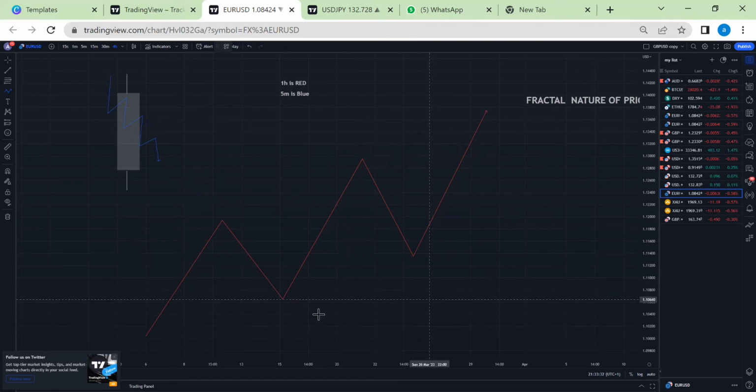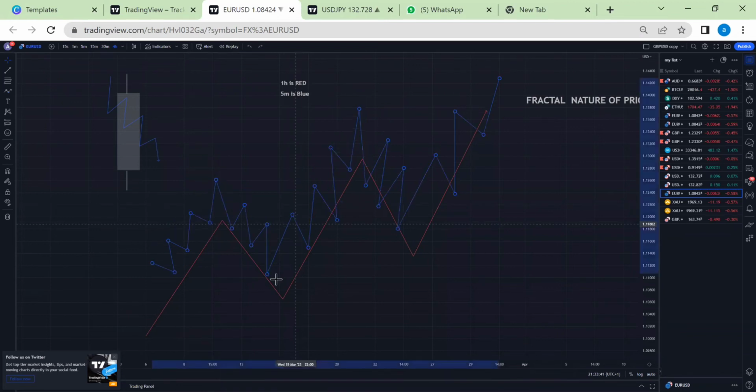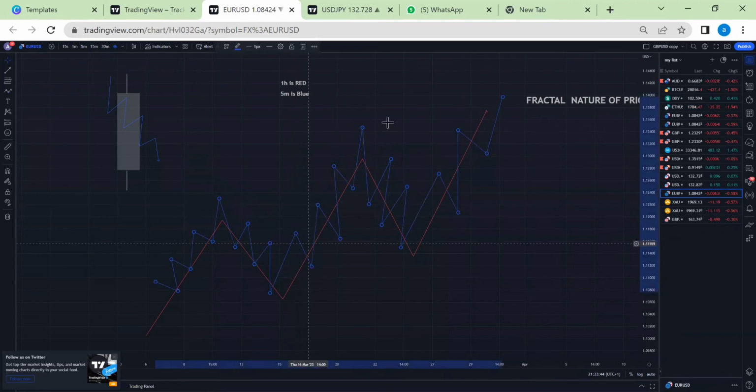How do I explain this? Let me just say this lower time frame that we have here is the 5 minute time frame. If you go to 1 minute again, you see some smaller structure. This place will still be giving you higher high, higher lows, and this place will still be giving you lower low, lower highs.